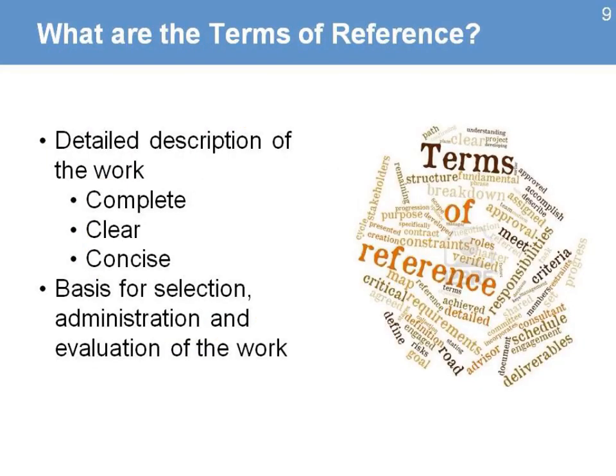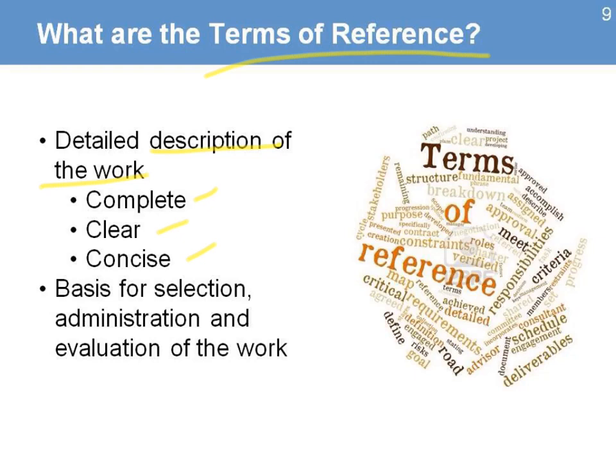And then one of the most critical elements of this whole process are the terms of reference. So what are the terms of reference? It is the detailed description of the work. It means that it has to be complete, clear, and concise. It is the description of what you want them to bid, what you want them to do.